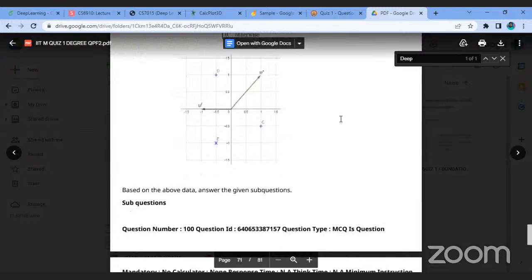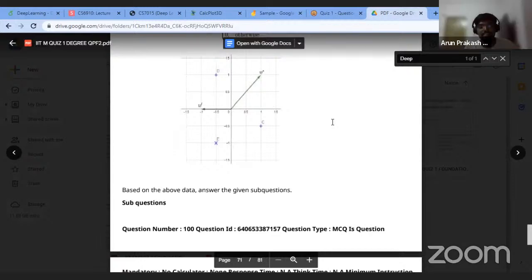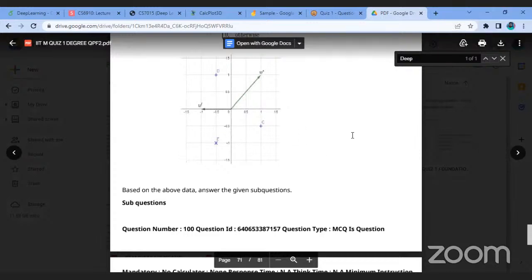Sir, is there any question related to this in the graded or practice assignment? Not exactly. It's again using the perceptron learning algorithm, so maybe we asked some question on updating the parameters, but not exactly this question. Mitesh sir has explained this in great detail, I think in one full session.